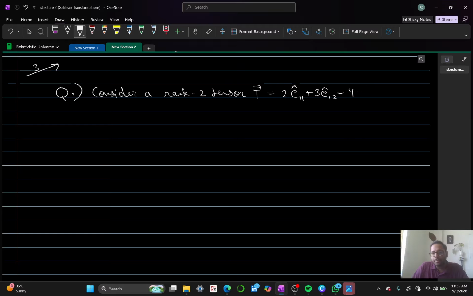Let's take it this way: 1 2 direction, and this one is 4 E2 direction.